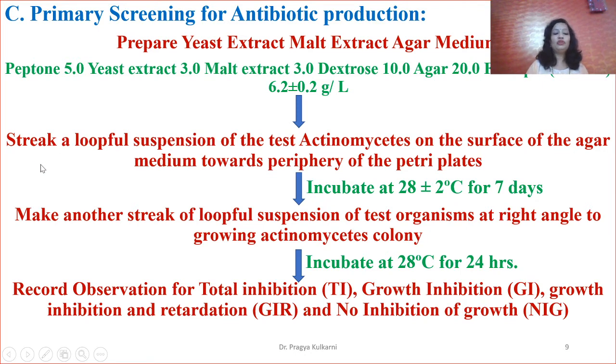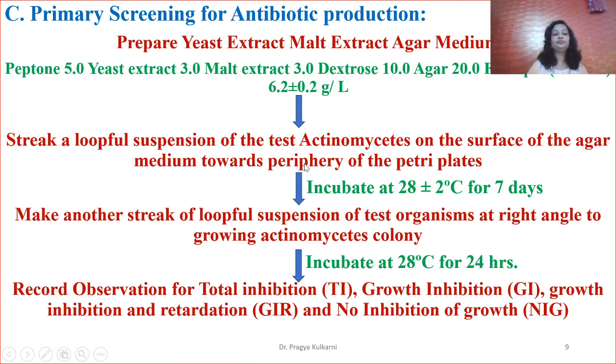Out of the pure culture, one loopful of suspension is transferred to the agar medium towards the periphery of the Petri plate. In this part of the experiment, we go for primary screening of our pure culture, to see whether it is capable of producing antibiotic.